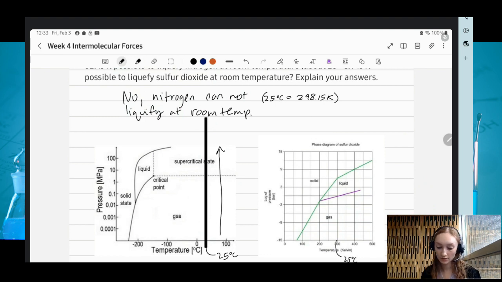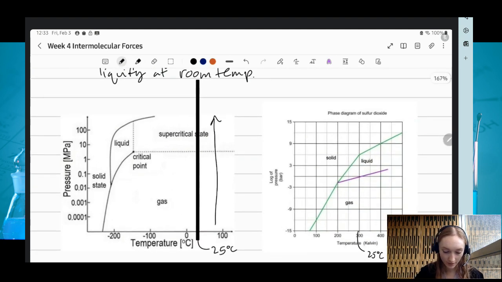But let's look at the sulfur dioxide phase diagram. So the one on the right here, like I was saying, 25 degrees Celsius is the equivalent of around 300 Kelvin. So that is the line right here. And as we can see, there is a liquid region right here.